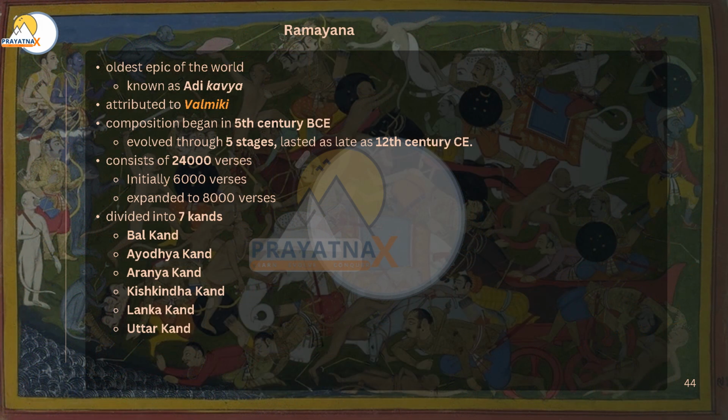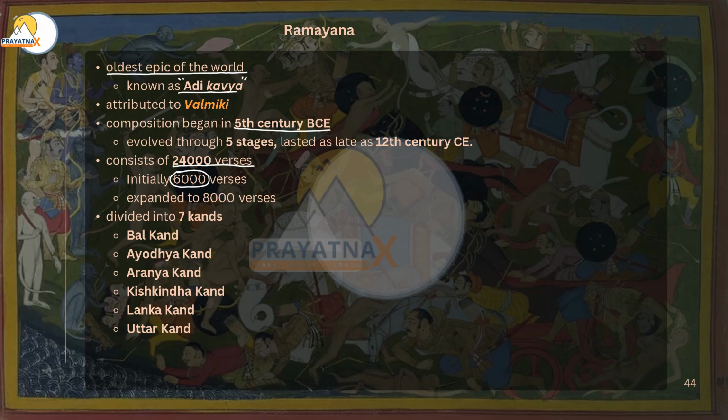Now, let's move on to Ramayana now. Ramayana is said to be composed in the 5th century BC. Originally, it had about 6,000 verses, and later it became 8,000, then 12,000, and then the final version had 24,000 verses. Now, it is known as the oldest epic of the world, also known as the Adi Kavya.